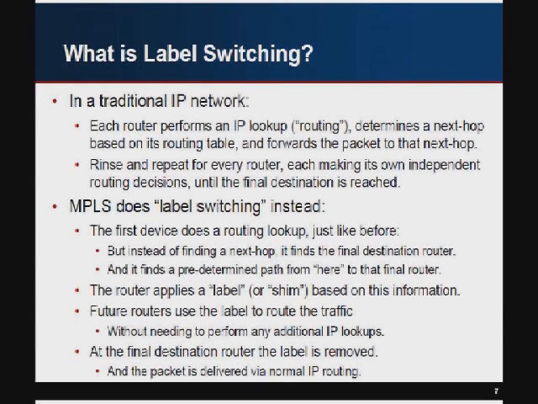The tag predefines a path that you're going to use to forward this packet through the network, all the way to the final router. The tag is called a label, or a shim; the shim is basically just the MPLS header slapped on the packet. Future routers look at that instead of doing an IP routing lookup. When you get to the final destination, the label gets removed and the packet is handed off like normal.